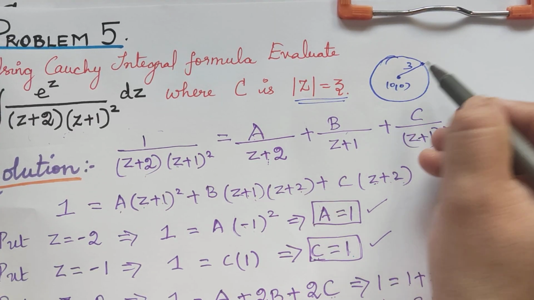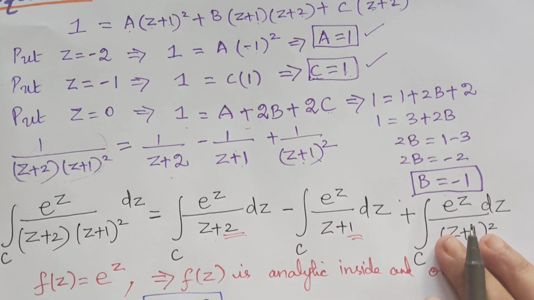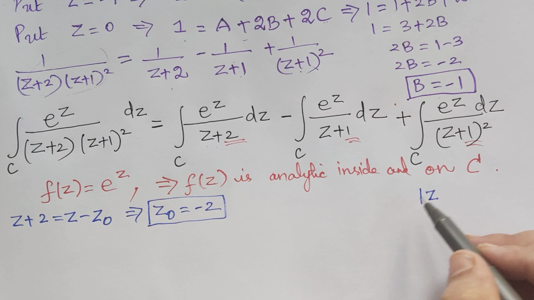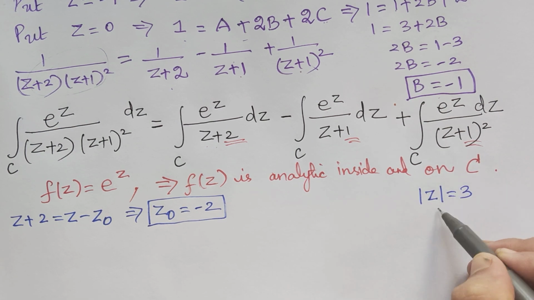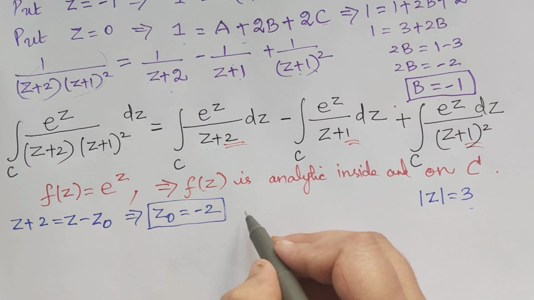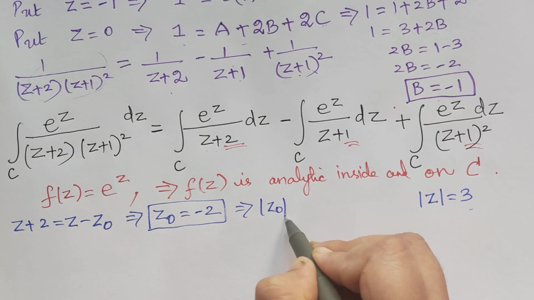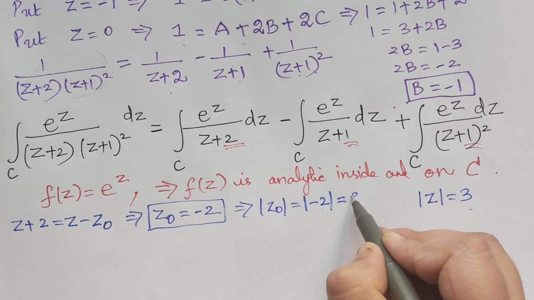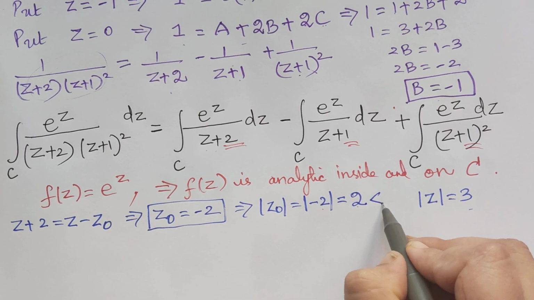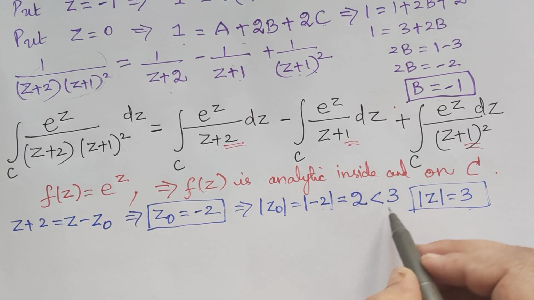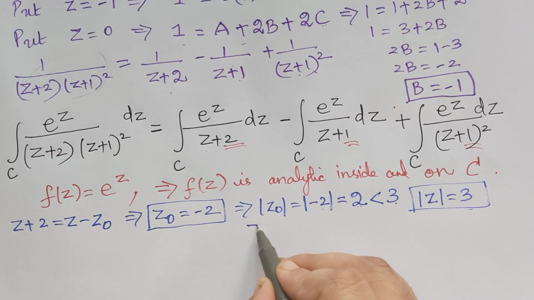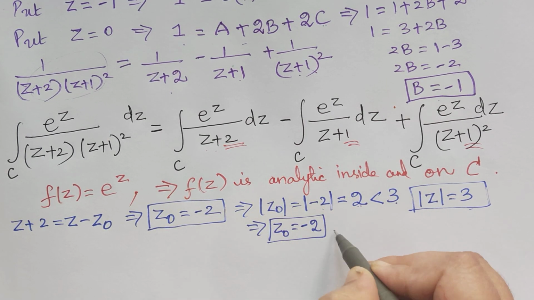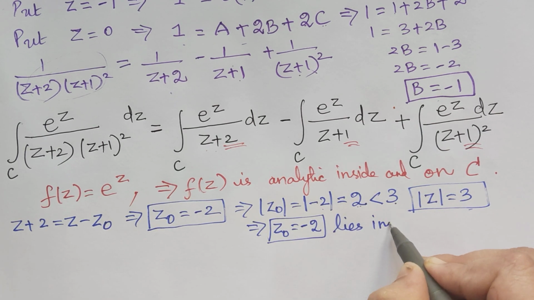Using this, we check whether z naught lies inside or outside C. Modulus of z naught is modulus of minus 2, which is 2, and 2 is less than 3. So z naught equal to minus 2 lies inside C.